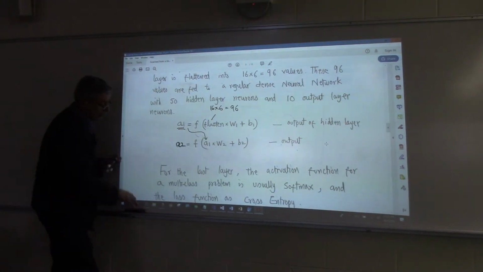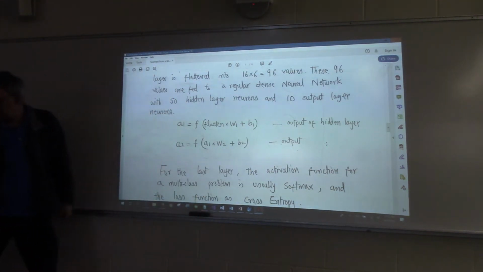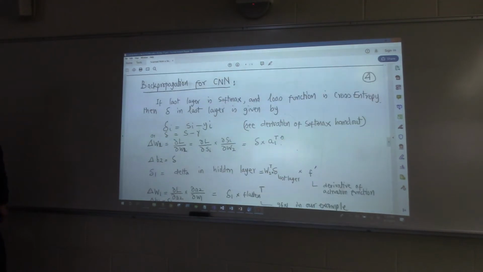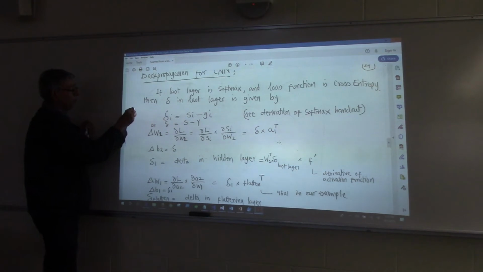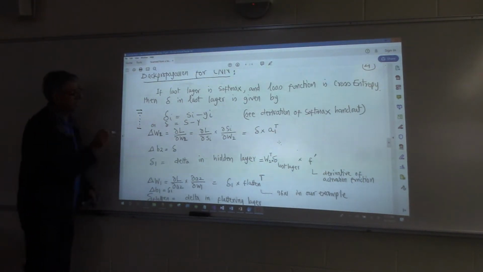So, like I said in the previous lecture, back propagation was the key part over here. So let me go over the back propagation briefly. Okay, so let's start from the end, because in our example we are doing digit recognition, right? So how many outputs do we have? 10.